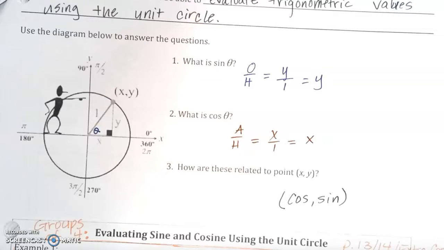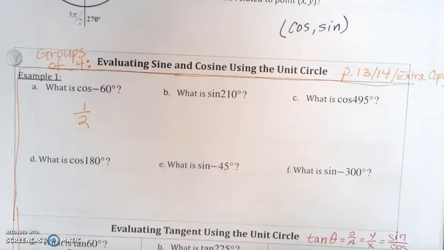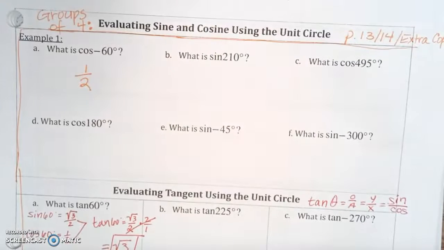Okay. All right, so here's what we're going to do. We're going to be using, and you can flip back and forth in your packet to pages 13 and 14, but I highly recommend your extra copy, so you can just look at it real quick.